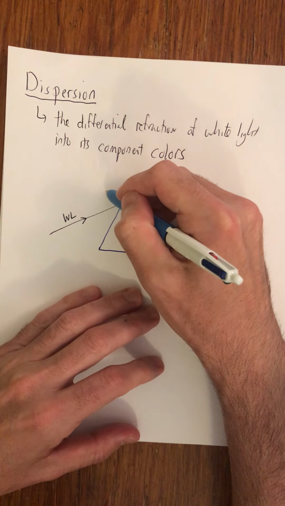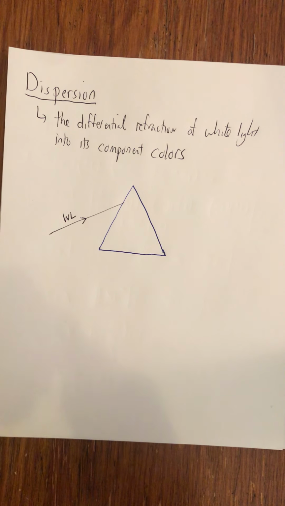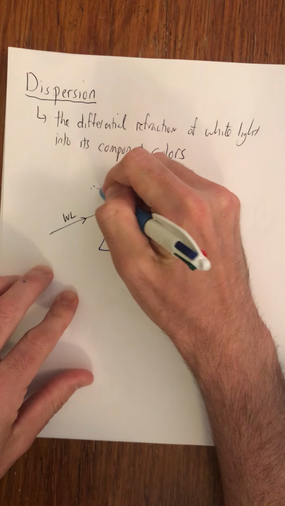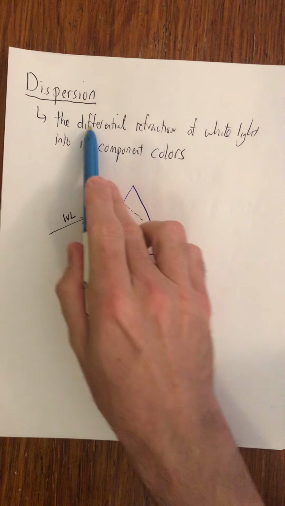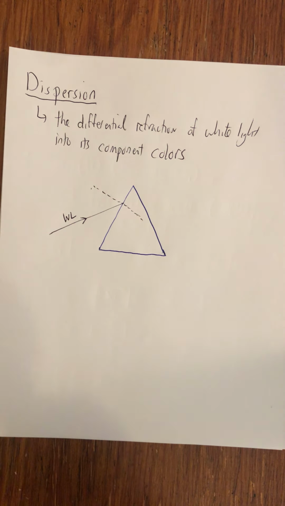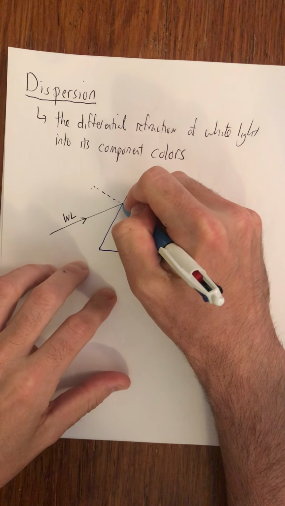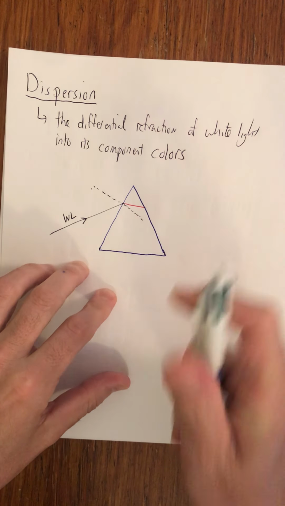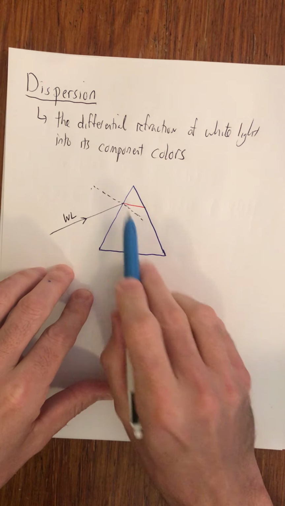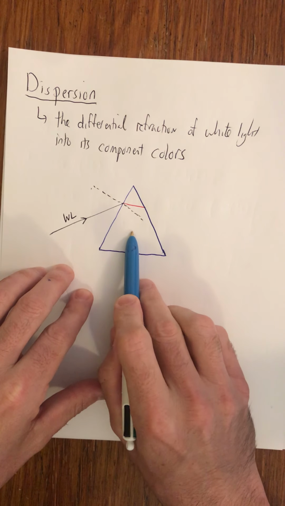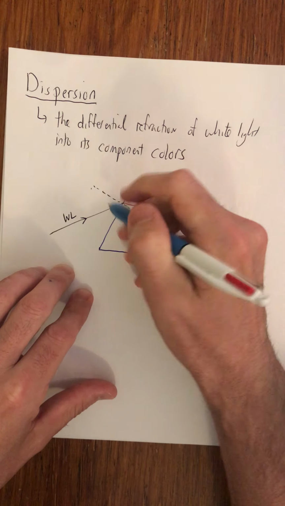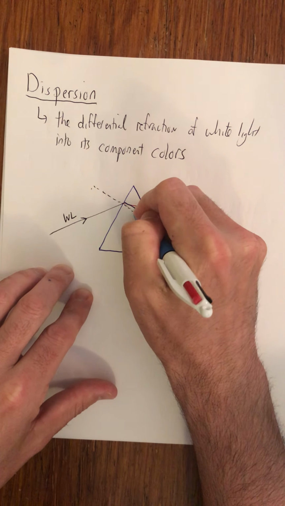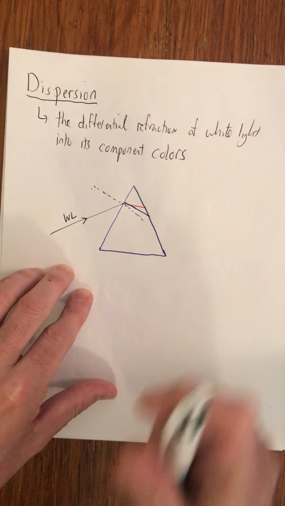Because what's happening here is at this boundary, and let me just draw a quick normal line here, different colors are refracting by different amounts. That's what differential refraction means. Whereas red only bends that much, right? Because it's going to go to a higher n material, so it bends towards the normal. But violet, which I'm going to just represent as blue here, bends more and goes over here.